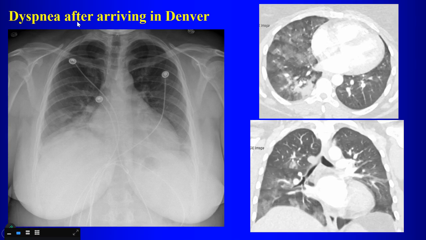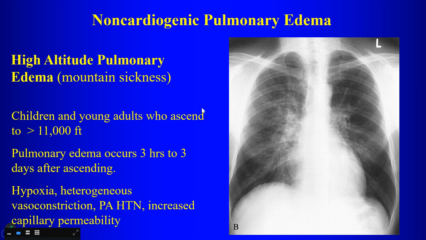So after arriving in Denver, this patient became short of breath. What is this? High altitude pulmonary edema or mountain sickness, right? This is another form of non-cardiogenic pulmonary edema.